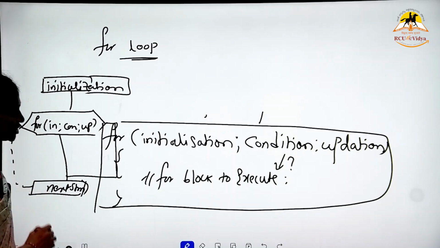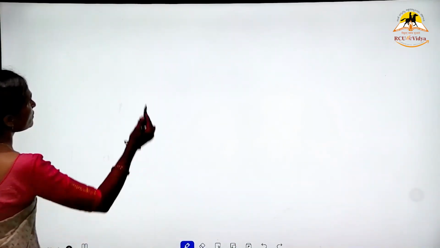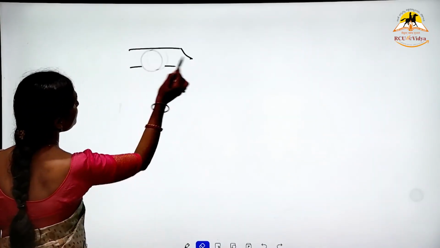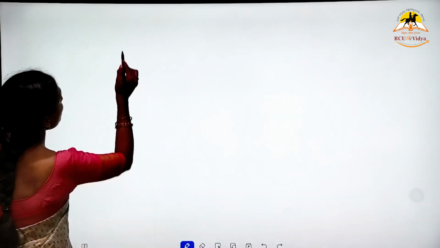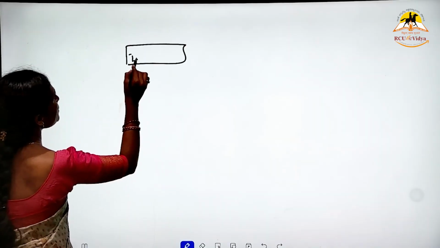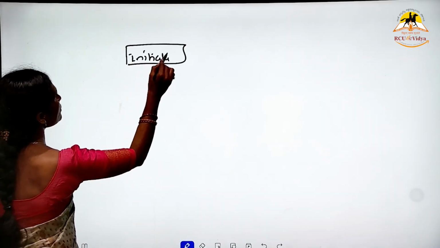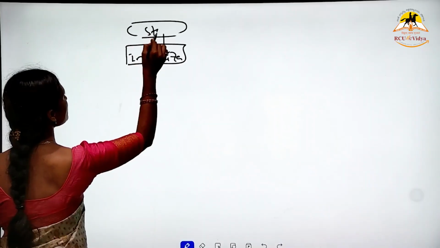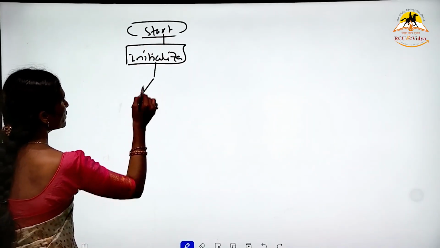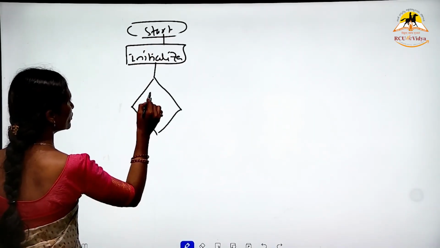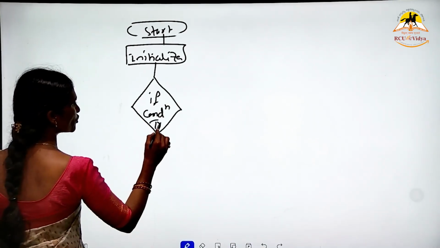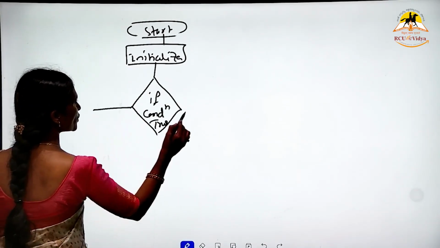I can represent this loop in a different way. First, if it is a flow chart, we have the start. Then the initialization. Here we check the condition. If the condition is true or false, there are two possibilities.